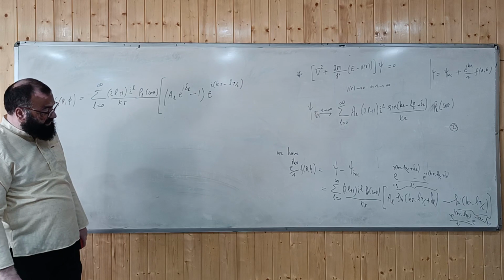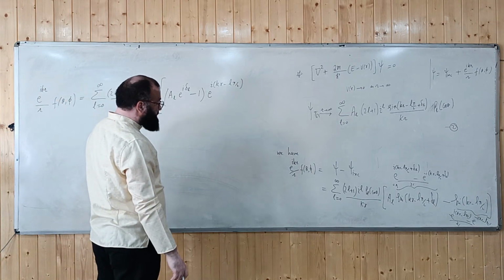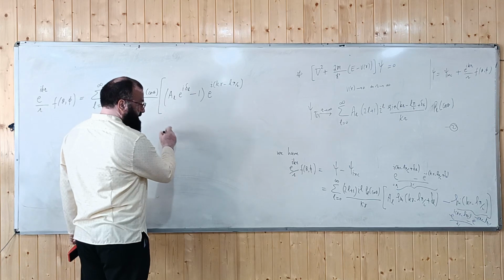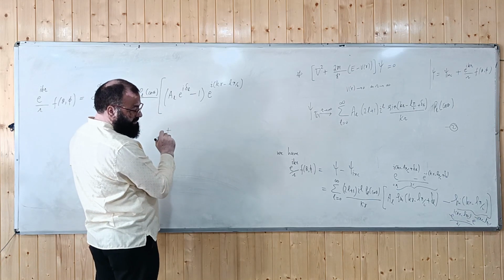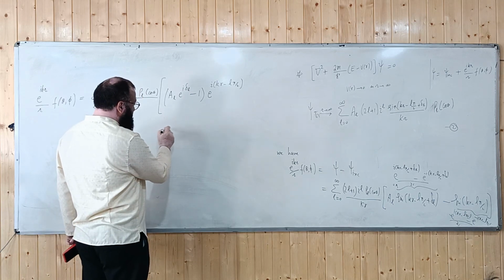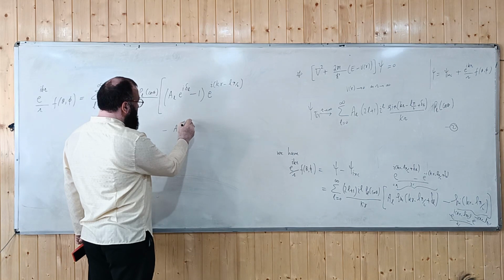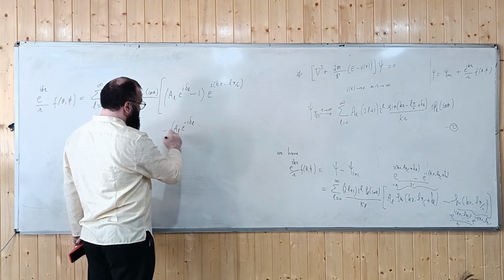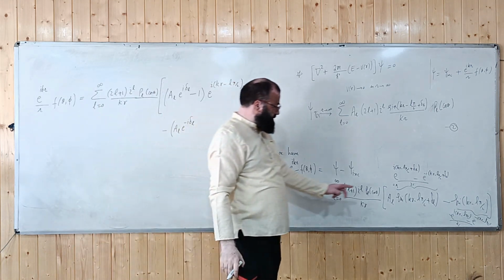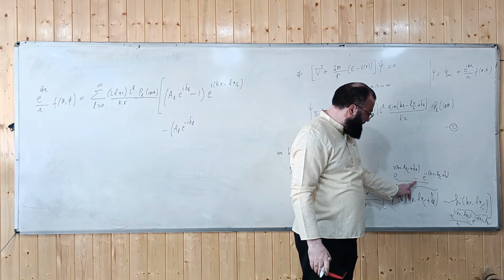Then what is the other term? Minus and minus is plus, so let me take the minus out. Then you have A_L e raised to the power −iδ_L. Clear? So A_L e raised to the power −iδ_L with a minus sign.